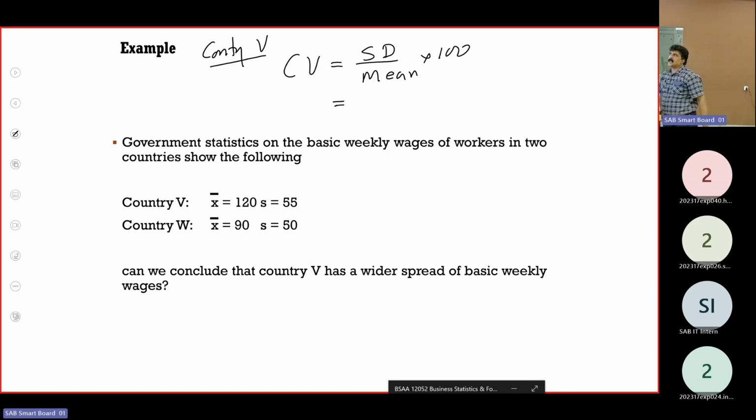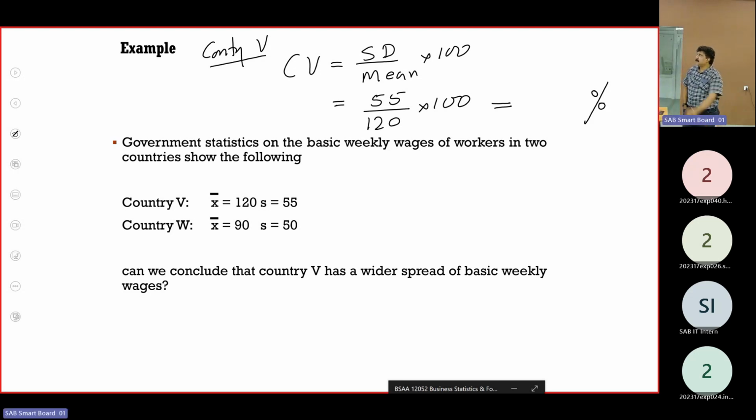For country B, standard deviation is 55, mean is 120, into 100. We can simplify, and we get a percentage value.